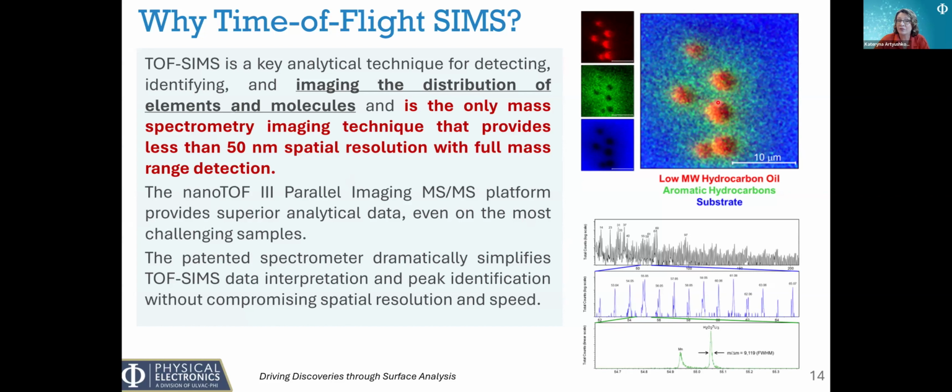So we have really excellent spatial resolution in imaging mode, and we have excellent molecular information, so we can really separate different fragments in a spatial relationship. And we also have a parallel imaging platform that allows us to analyze fragmentation and confirm identification with really high accuracy, and allows analysis of the most challenging samples, rough samples, etc.